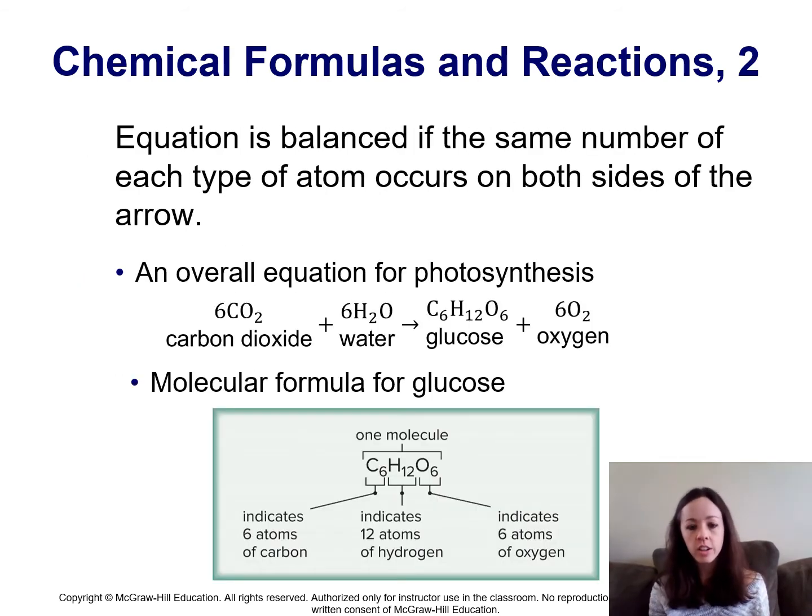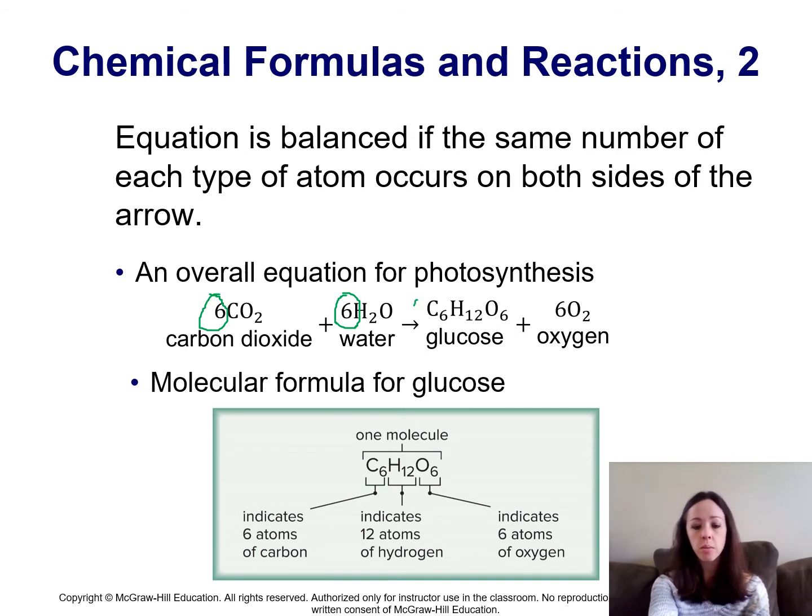So this particular chemical reaction is photosynthesis. We have our reactants in this chemical reaction, carbon dioxide and water, and glucose and oxygen are going to be our products. You guys can tell these big numbers here are going to tell us the amount of carbon dioxide and the amount of water molecules that are going to be involved in our chemical reaction.